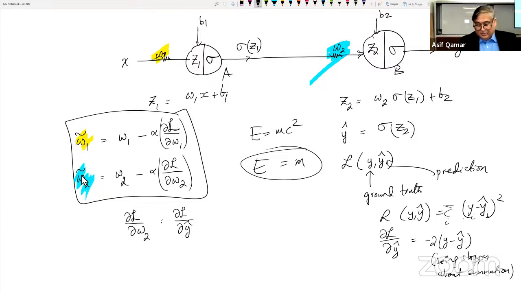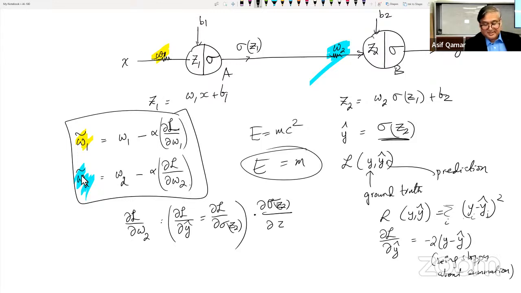Well, you can say that's lovely, but y hat is the same as sigma z2. But it doesn't solve your problem. Now you have the problem of sigma. So what you need to do is compute the derivative of sigma z2 with respect to z2. That you can compute.